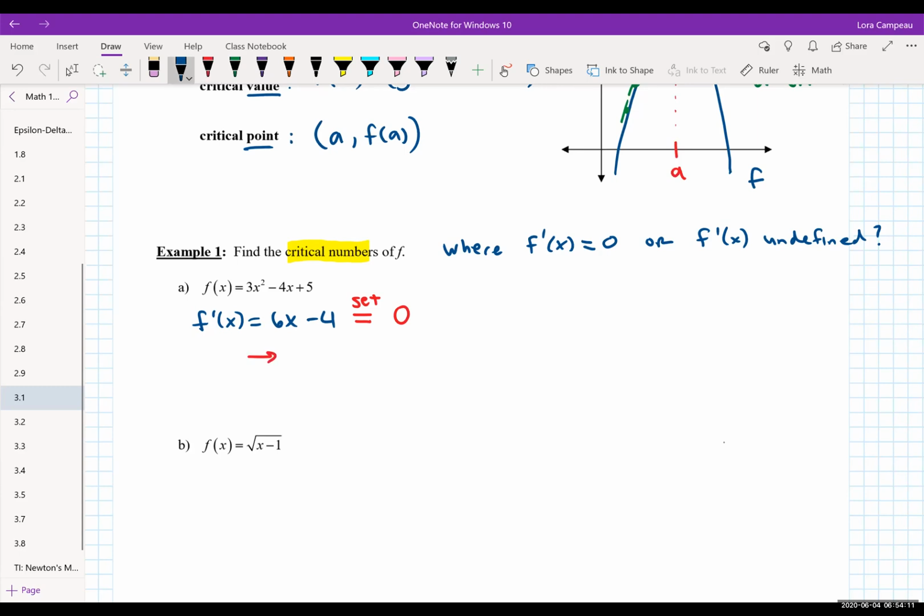If we solve it, moving the 4 over to both sides, dividing both sides by 6, and then reducing, which is a very good thing to do, we can say x equals 2/3 is a critical number of f. Let's write that a little nicer.